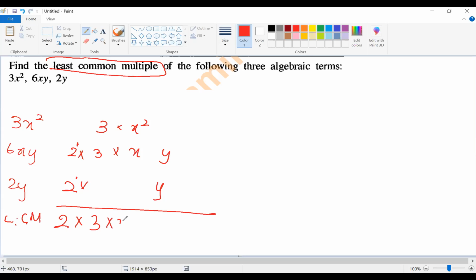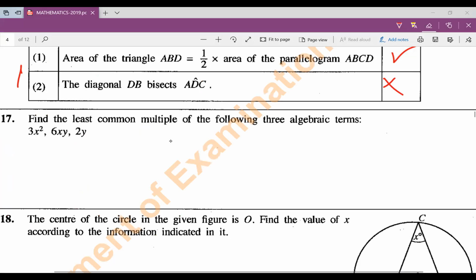So you have to take the x square, because you have to take the term with the highest power, and here also it is y. So the LCM is 2 times 3, 6 into x square y. 6x square y is the answer.